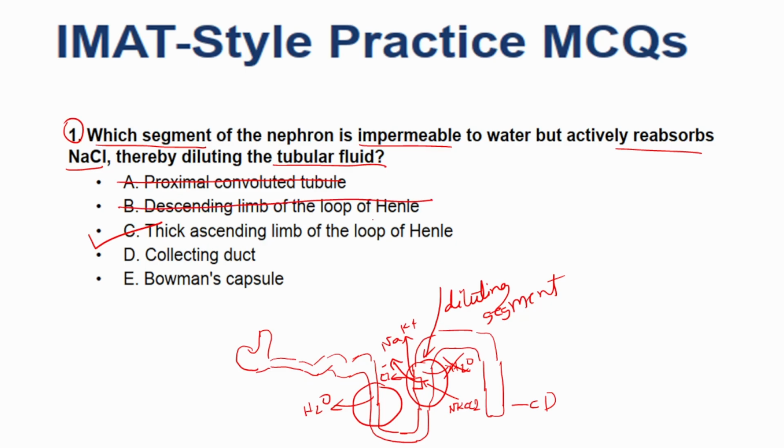The collecting duct is incorrect because its primary job is to either release water or absorb water based on hormonal orders, and its permeability is variable and tightly regulated by antidiuretic hormone via aquaporin 2 channels, rather than being constitutively impermeable and dedicated to diluting the fluid. Bowman's capsule serves as the initial filtration barrier, where the fluid remains entirely isoosmotic to plasma, making it completely incorrect.